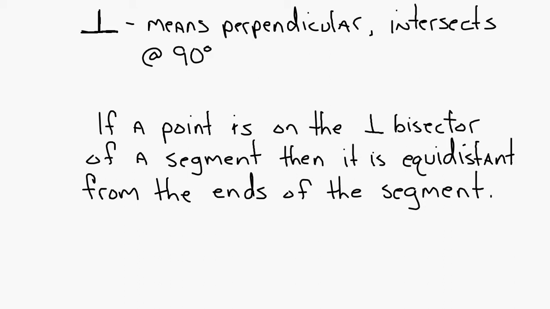If a point is on the perpendicular bisector of a segment, then it is equidistant from the ends of the segment. And a picture of that would look like this.